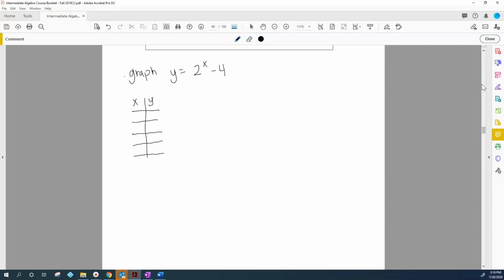These exponential functions are one-to-one functions, so any x is going to work for us. So if we pick something like -1, 0, 1, and 2, let's see what that looks like so far.